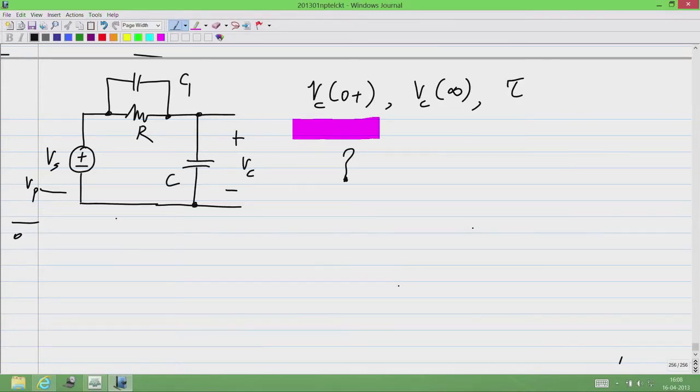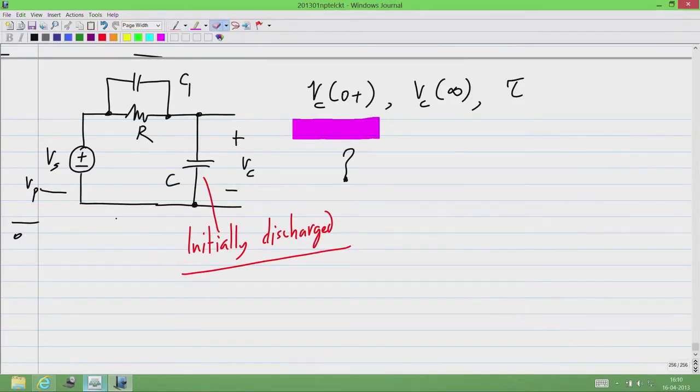Then what would be the answer? Let us say that this is initially discharged. So, now clearly the contradiction is obvious.